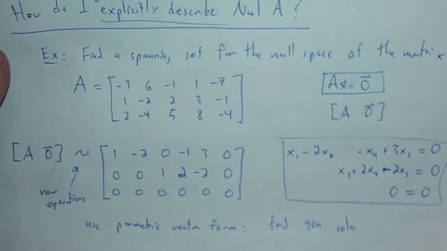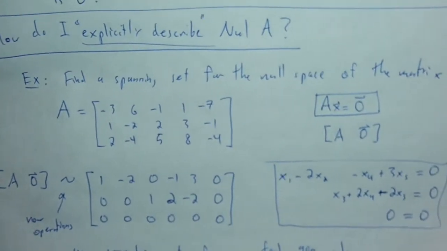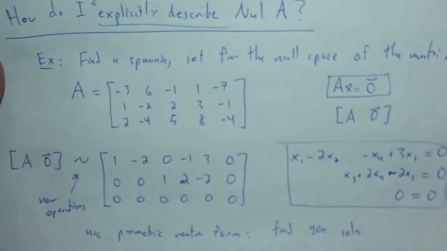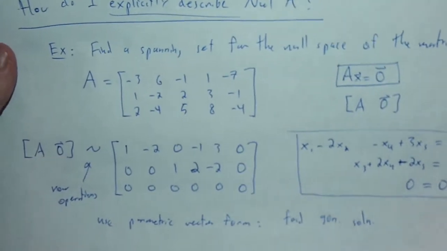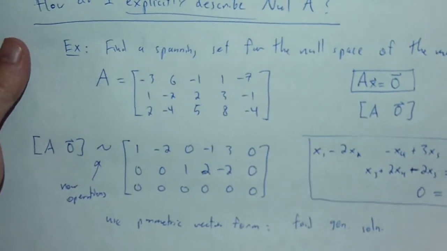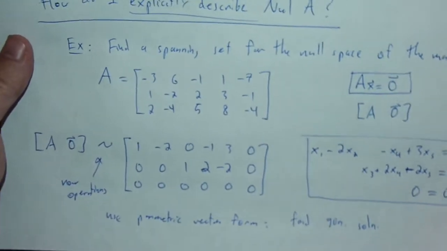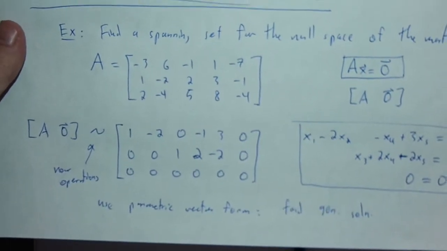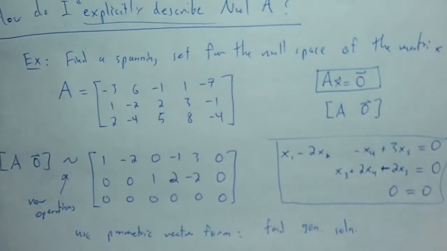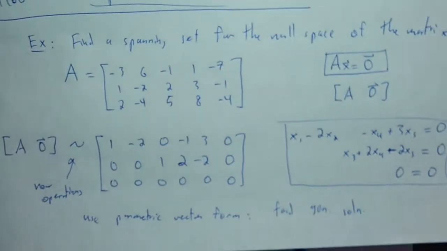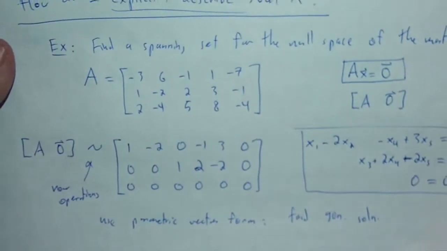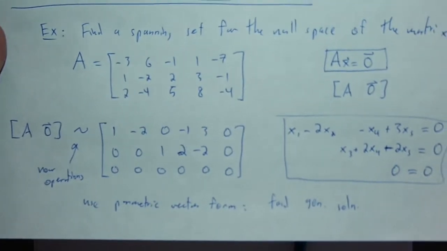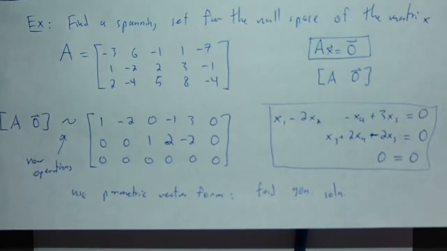Now, that question, it turns out, is not that well posed, because a spanning set could have a lot of garbage in it. I could toss in an extra 10 vectors in that set, and that spanning set would still span the null space of A. If I had the vectors u, v, and w as I labeled before, and then I threw in 10 random vectors, it would at least still span the null space.